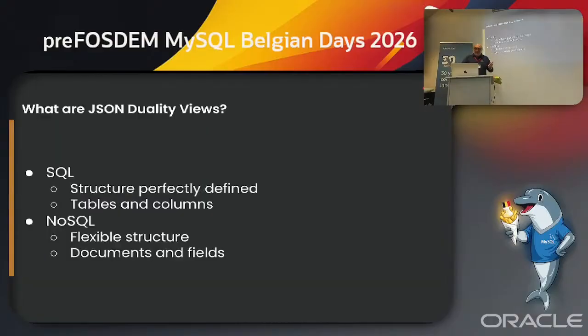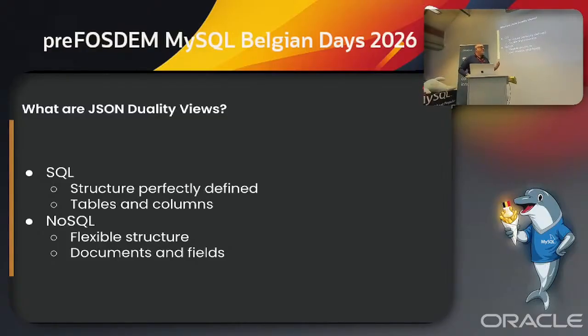And this brings the difference between SQL and NoSQL. When I started with SQL, it was great because everything was very well defined. You had tables and columns, and all of a sudden somebody said, no, this is very inefficient, we should have freedom.